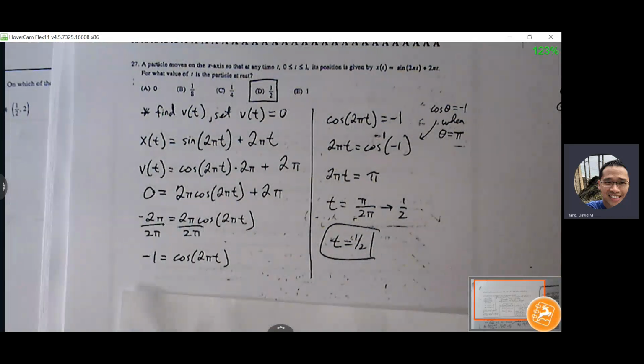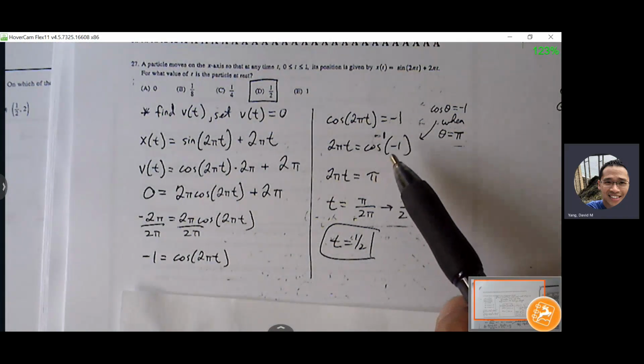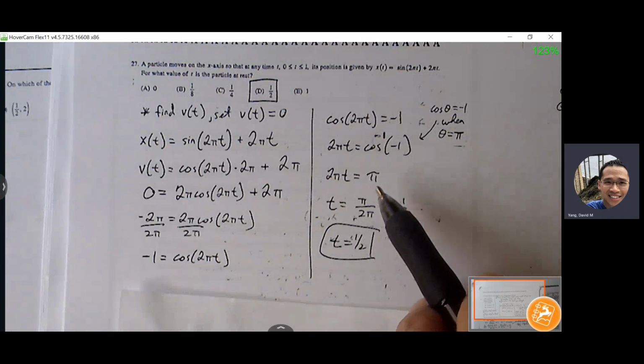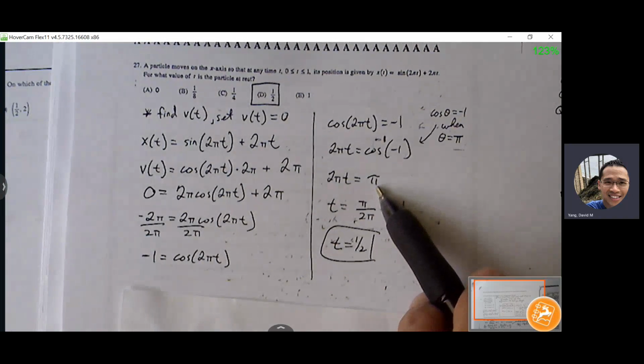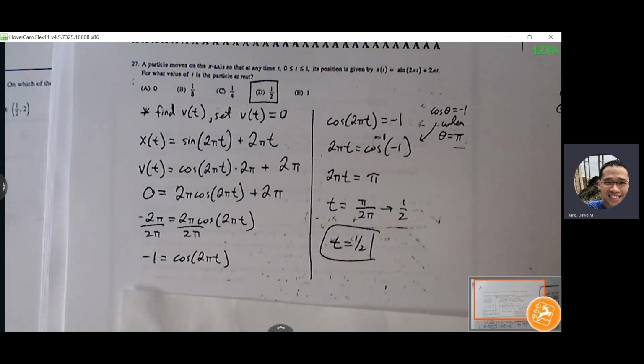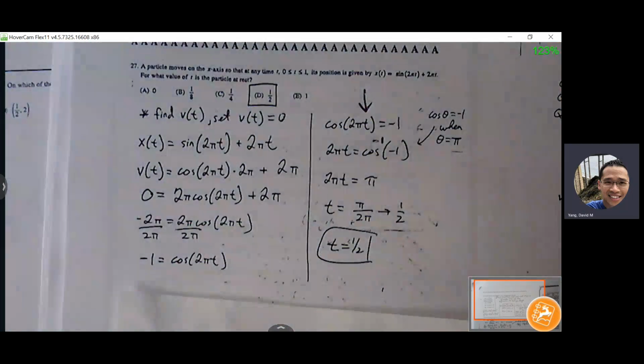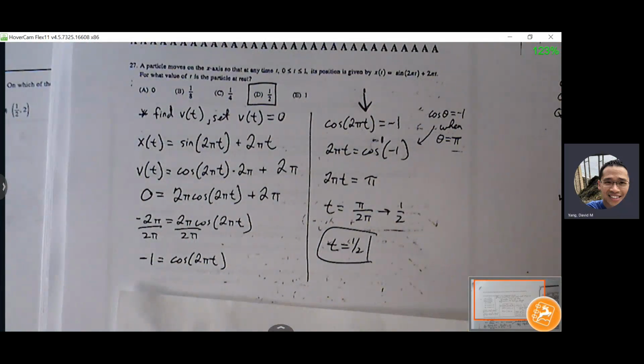Cosine is equal to -1 when theta is pi, right, so cosine of pi is -1. So I can replace that with pi and then solve for t, divide both sides by 2 pi. I get t equals 1/2. Or you can just guess and check different values for t that will allow cosine of some value to be -1.